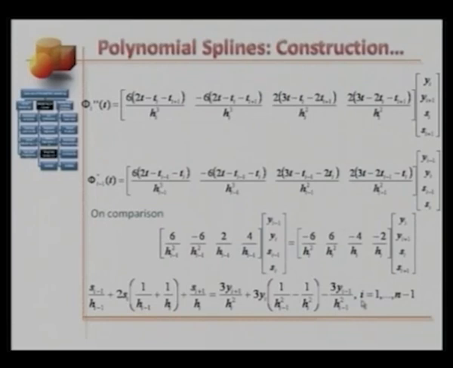Now this is for i going from 1 to n minus 1.